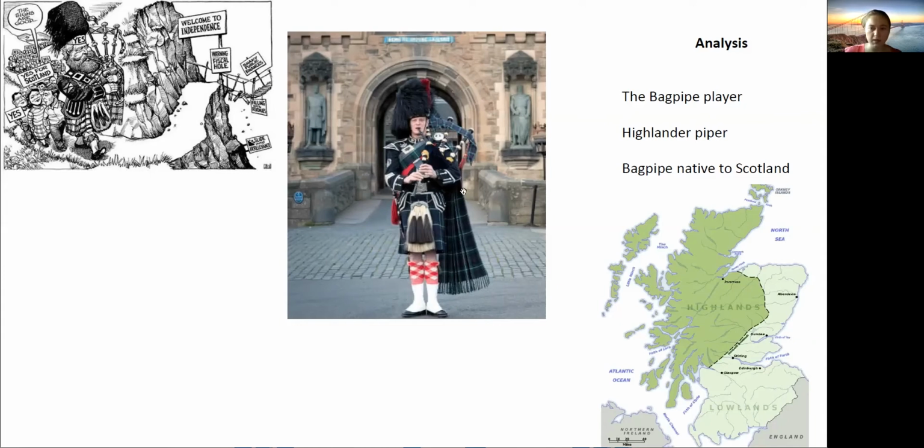We also see a plaid here, and a kilt. Of course, the bagpipe here and here as well. So as you can see from the parallels between the real Highlander piper and here the representation of the cartoonist, this central figure here seems to stand for the Highlander.